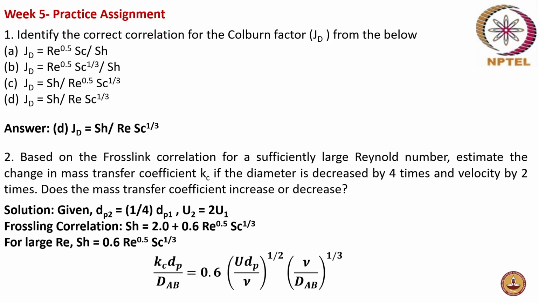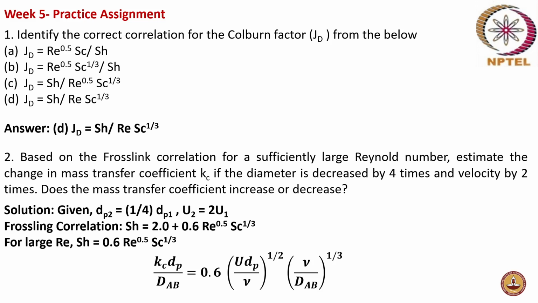Now, incorporating the individual formulas for Sherwood number, Reynolds number and Schmidt number, we get, where Sherwood number is Kc into dP by dAB, where Kc is the mass transfer coefficient, dP is the diameter of the particle and dAB is the diffusivity, equal to 0.6 into u into dP by nu, power 1 by 2, where u is your superficial velocity, dP is your diameter of the particle and nu is your kinematic viscosity, which is given by mu by rho.